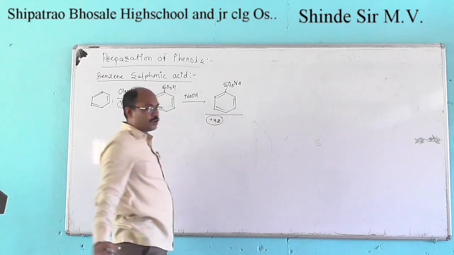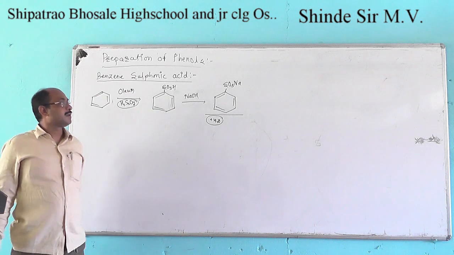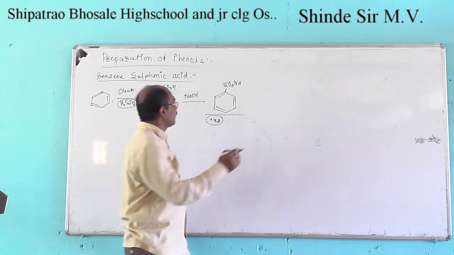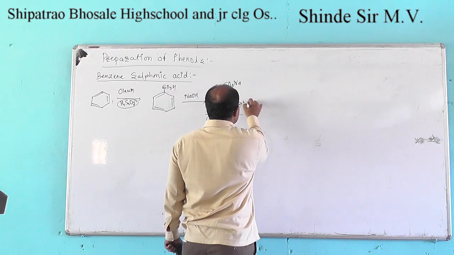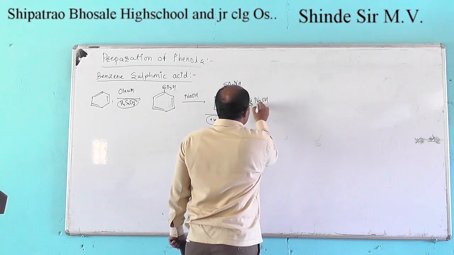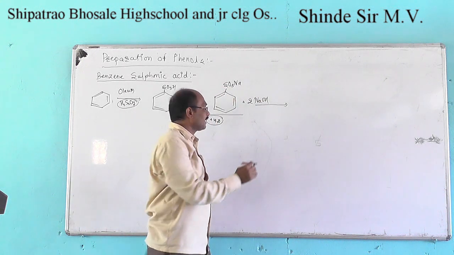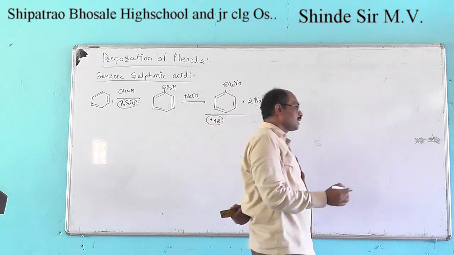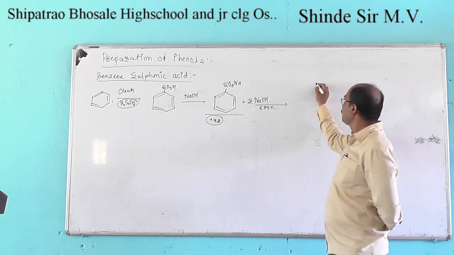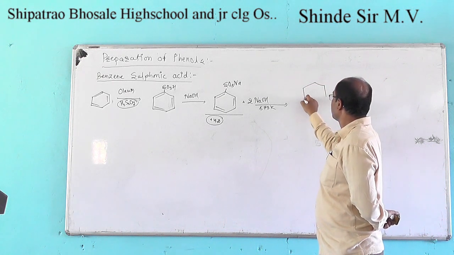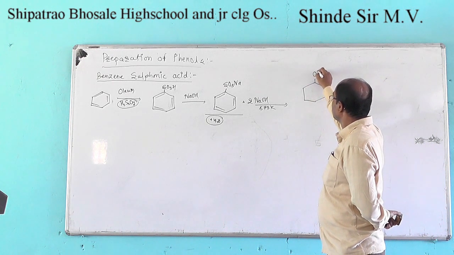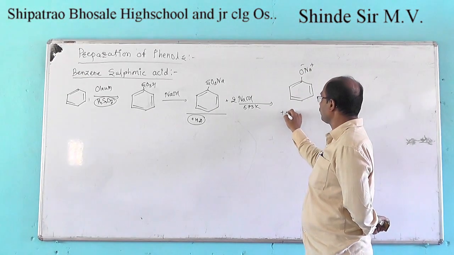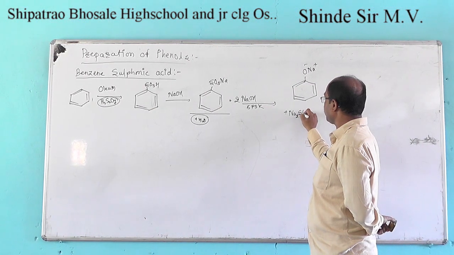The dry sodium benzene sulfonate is fused with excess sodium hydroxide at 573 Kelvin temperature. It gives us the formation of sodium phenoxide with the valuable product sodium sulfite.